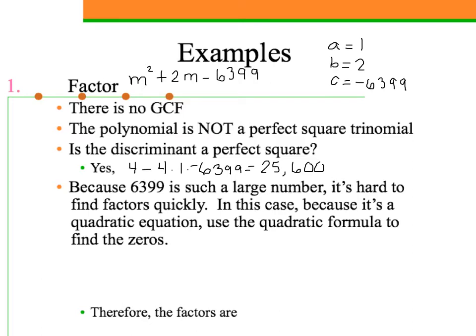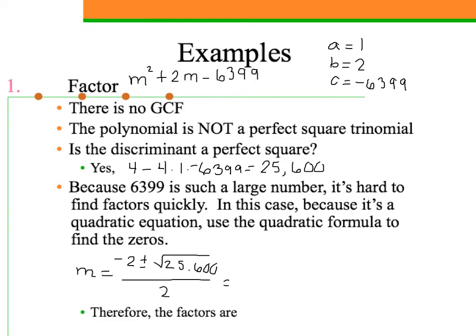So this is factorable. Now I don't know about you, but I'm not interested in making a list of all the factors of 6,399. So what would be faster would be just to use the quadratic formula and find m, or the possible values of m. So of course we know that formula is x equals the opposite of b plus or minus the square root of the discriminant, which we just figured out, all over 2a, which in our case would be 2 times 1, or 2.